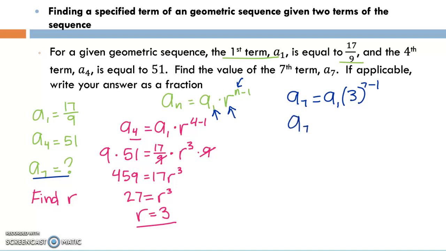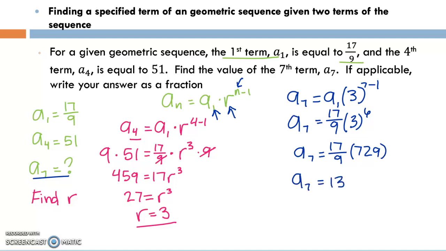So my seventh term is equal to 17 ninths times 3 raised to the 6th power, so 17 ninths times 729. And after I do this, I will get that my seventh term is equal to 1,377.